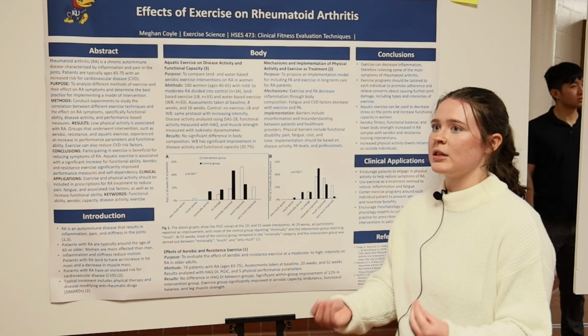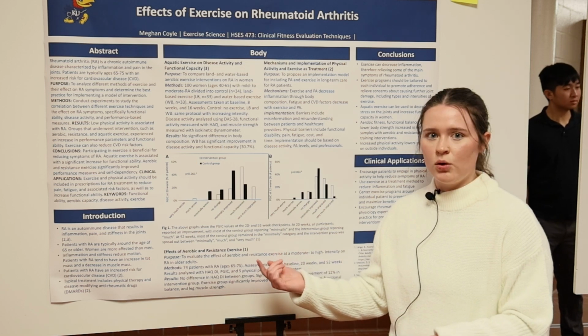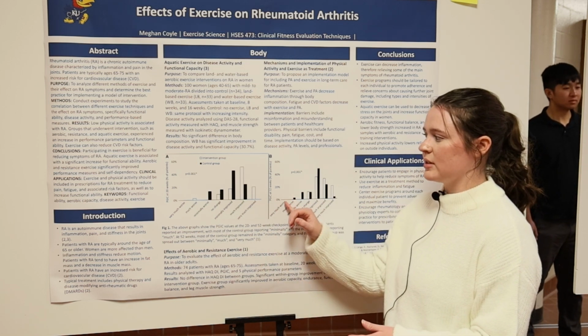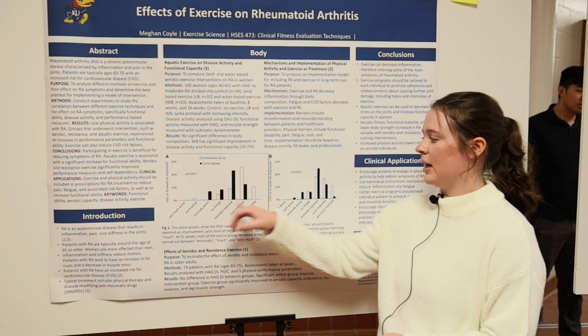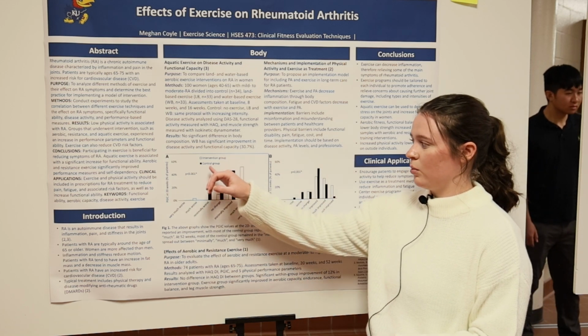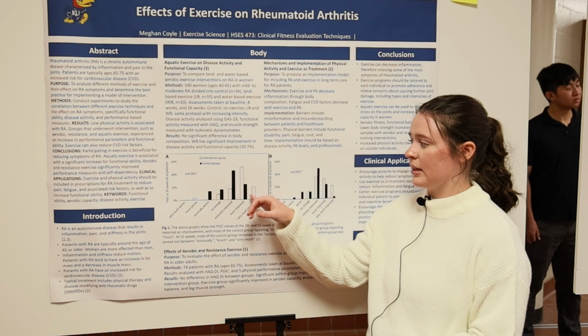However, the main difference that I focused on was in what's known as PGIC, or the patient's global impression of change, which is what's shown in these 2 graphs here. So this first one is the PGIC at 20 weeks, and then the second one is at 52 weeks. And so the white bar is the intervention group, and the black is the control group.